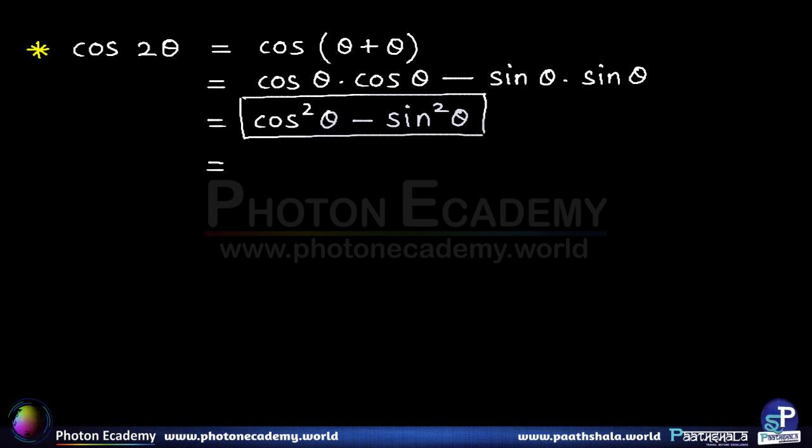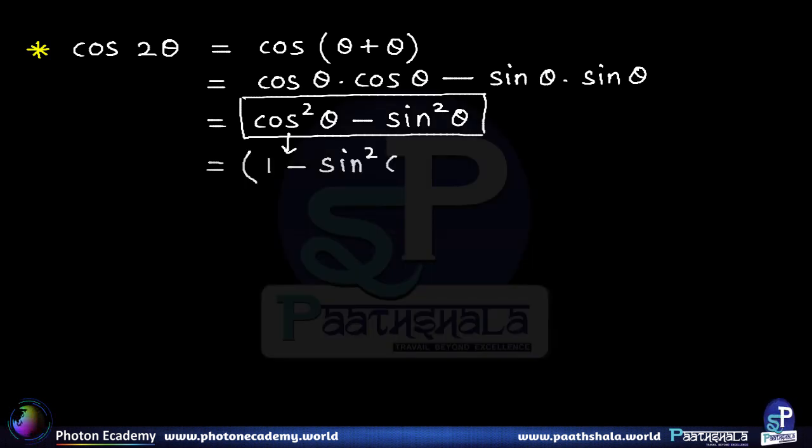Now we can modify this further. That is, suppose we want to write the entire expression in terms of sin theta only, then we can write the first cos square theta term as 1 minus sin square theta. We merely replace it, and minus the second term as it is, that is sin square theta. So that ultimately gives us another result, that is 1 minus 2 sin square theta.